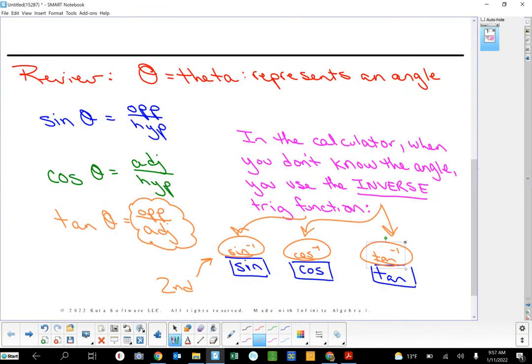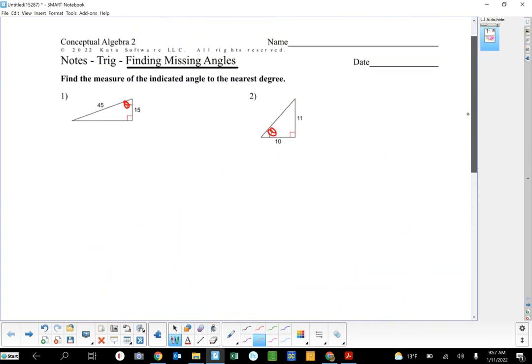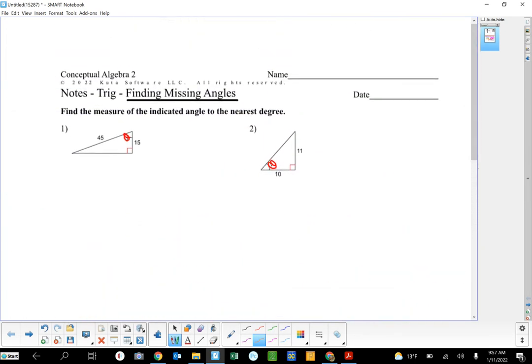So just kind of a reminder, you guys know all this. We did all this before. So here's how we're going to utilize this. Let's go back to the top of the page, and I'm going to split this in half, kind of right down here. What we want to do is, compared to the angle that's given, label these sides.